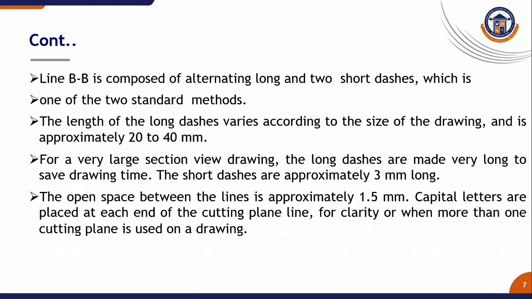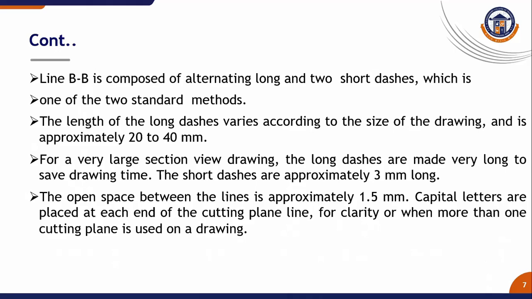Line BB is composed of alternating long and two short dashes, which is one of the two standard methods. The length of the long dashes varies according to the size of the drawing and is approximately 20 to 40 mm. For a very large section view drawing, the long dashes are made very long to save drawing time.